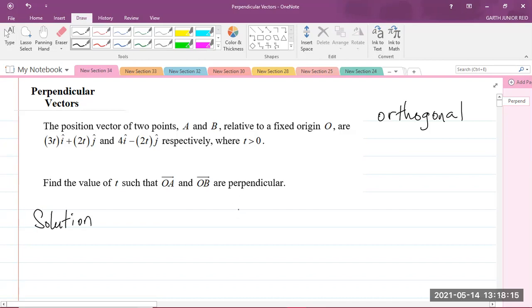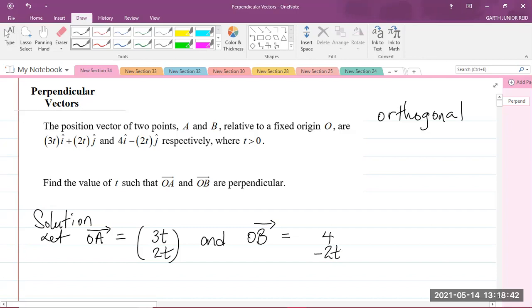Okay, so we need to find out what is the vector OA and what is the vector OB. I'm going to let the vector OA be equal to (3t, 2t), and vector OB is going to be equal to (4, negative 2t).